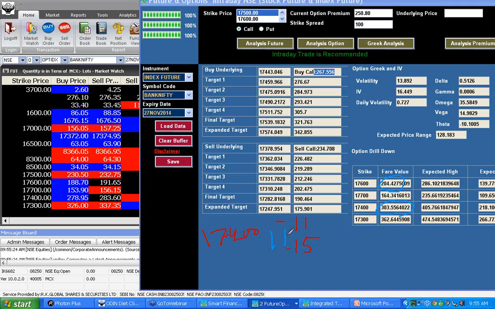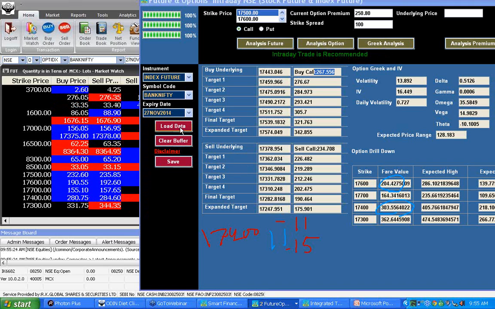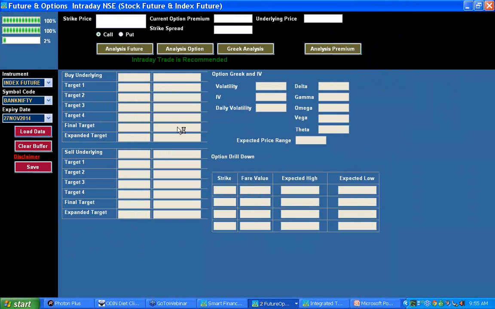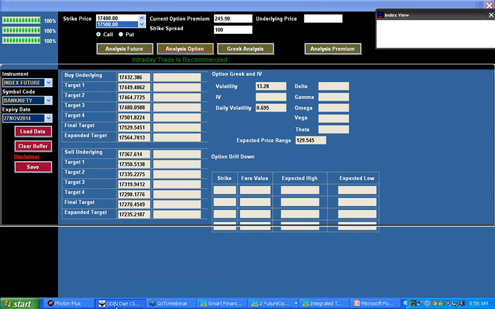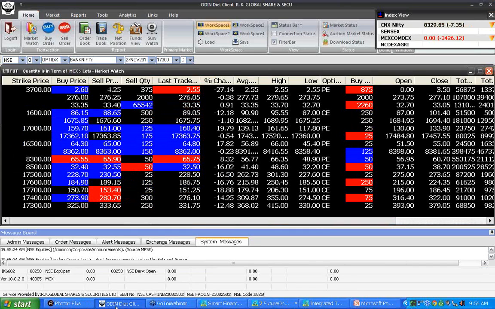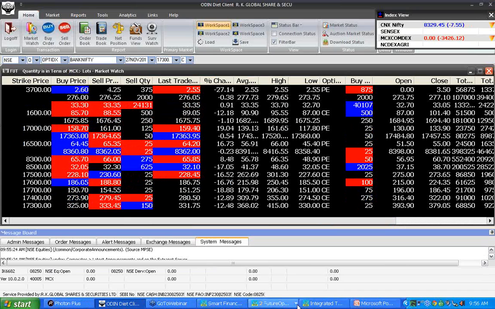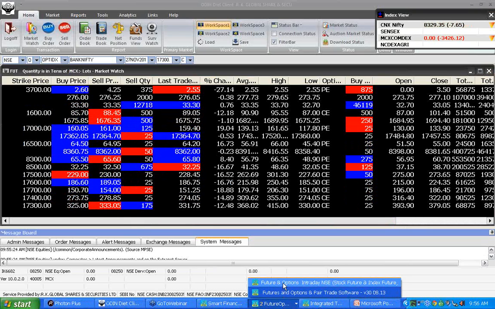The probabilistic estimate proved successful, and I'll load this data once more, and since the value points have changed, analyze the future, and I'll go for 17,500. So very successfully the Bank Nifty has given you the downside entry, and it has also penetrated your second target. For the downside you have not hedged.